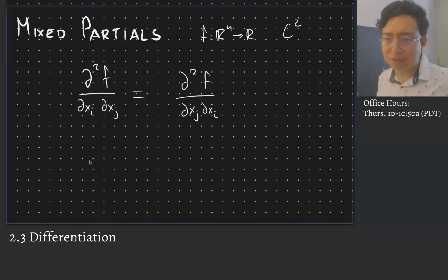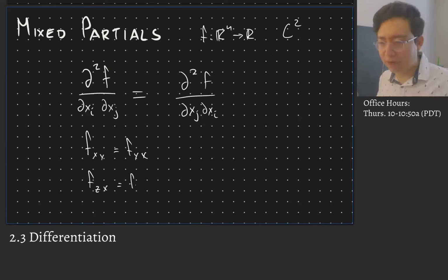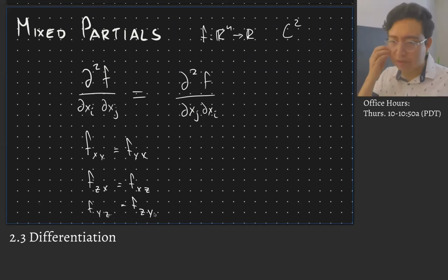Sometimes you'll see this written the way you have it in the chat: f_xy is equal to f_yx, but it doesn't have to be x's and y's. It can be f_zx is equal to f_xz, or f_yz is equal to f_zy, right? And so mixing partials is always going to give us the same answer.